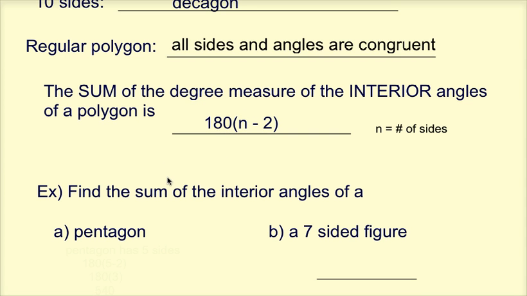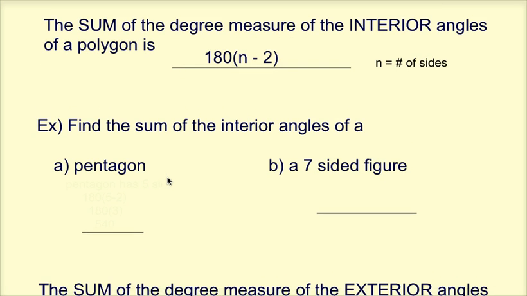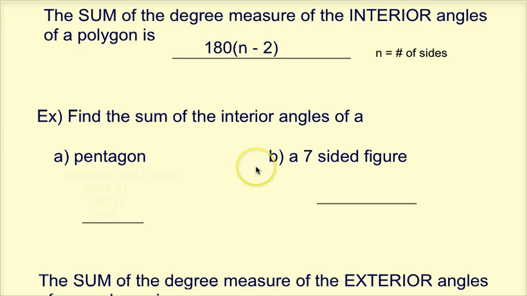So let's do an example. Let's find the sum of the interior angles of a pentagon. So the pentagon I'll do with you, and then you try and do the 7-sided figure and come up with the answer and show it to me tomorrow. A pentagon has 5 sides, so you first start by writing the formula 180 parentheses n minus 2. So write that down.